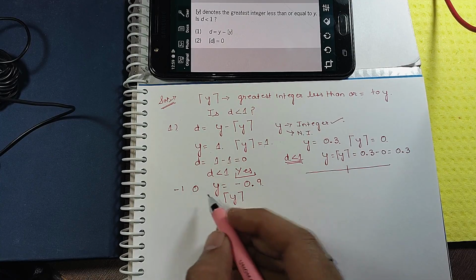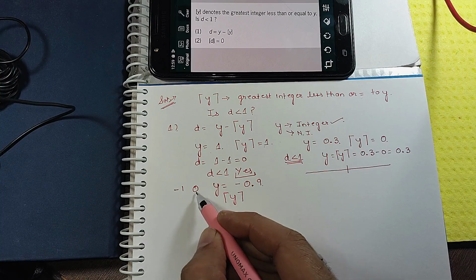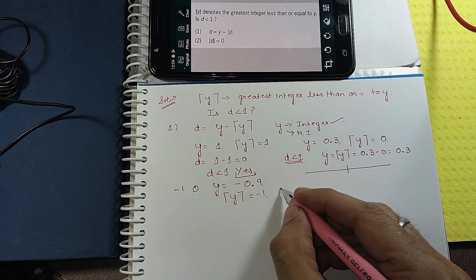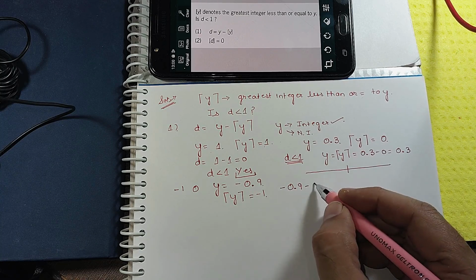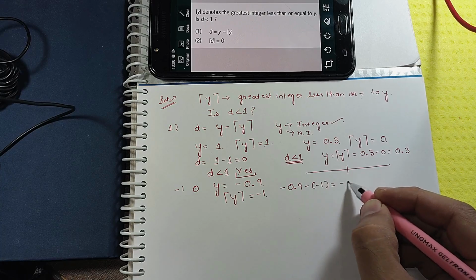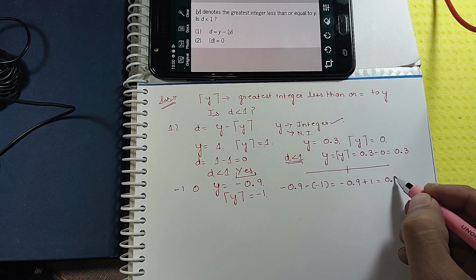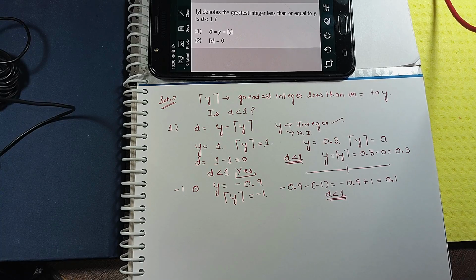Which is less than this is minus 1. So I will say that the value is minus 1. Now minus 0.9 minus of minus 1 will be equal to minus 0.9 plus 1, so that will be equal to 0.1.